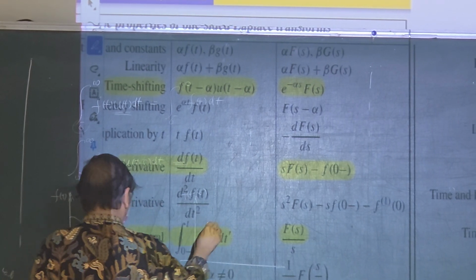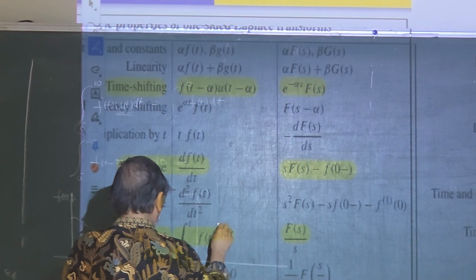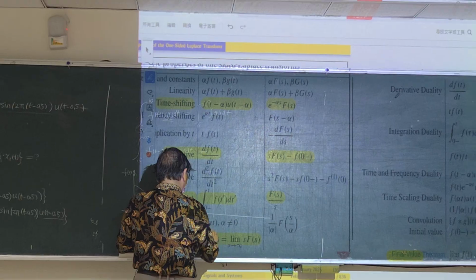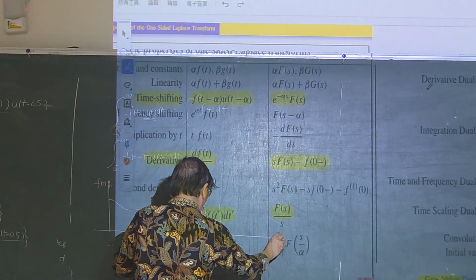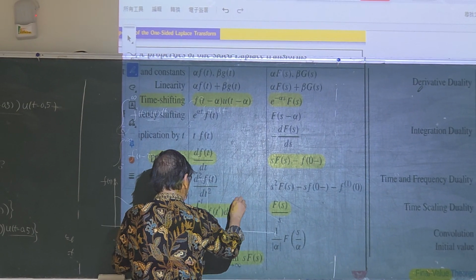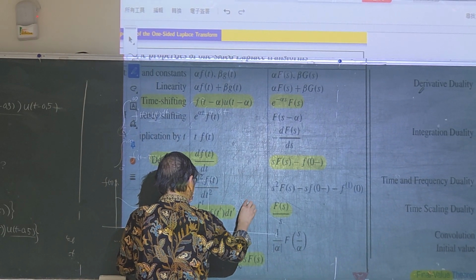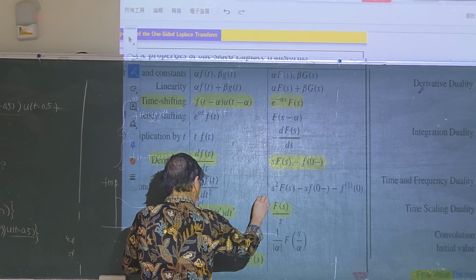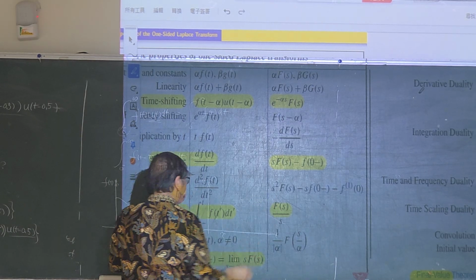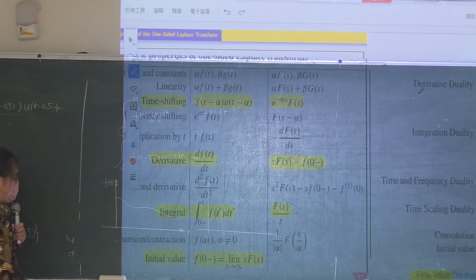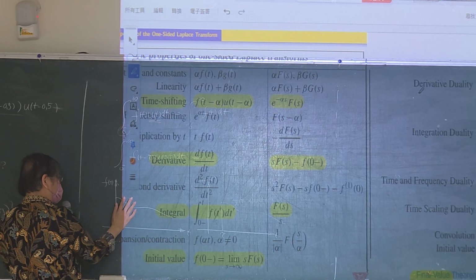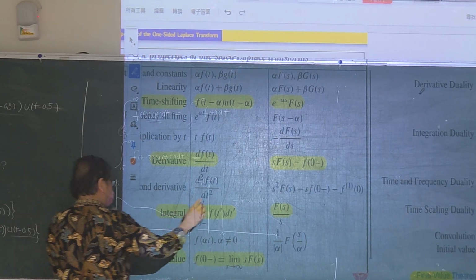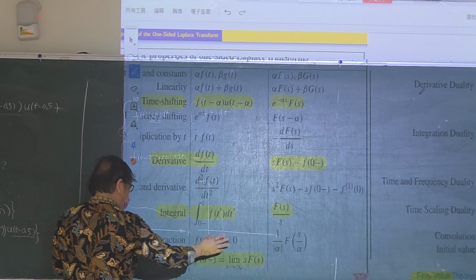So this is f of t minus a half times u of t minus a half. I shift the function f of t to the right, say alpha seconds.